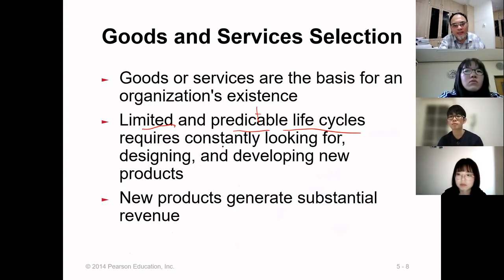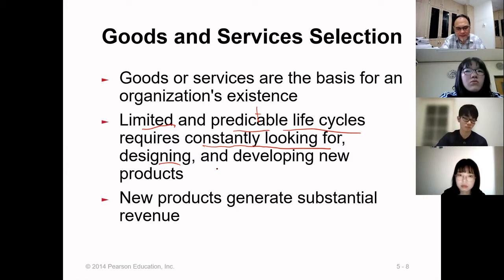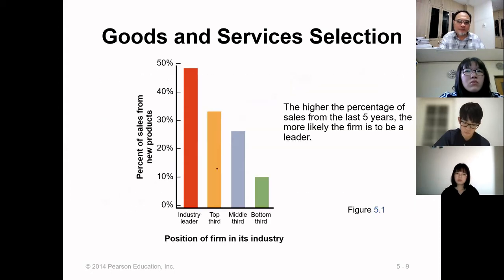Therefore, you require constant looking for new products, designing new products, developing new products, because new products will generate substantial revenue. Once a product life cycle has reached end of life, then you need to find new products, replacement products.